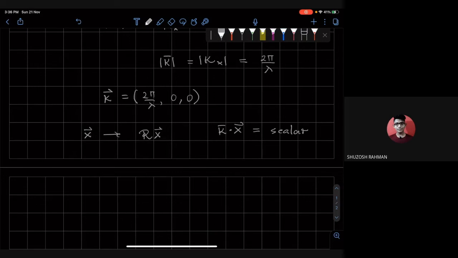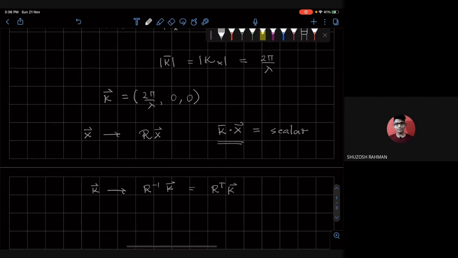Then it must be that the wave vector k will transform like R inverse acting on k, so that this scalar product remains invariant. But R inverse, we know if it's a rotation matrix, is the same as the transpose of R, right?